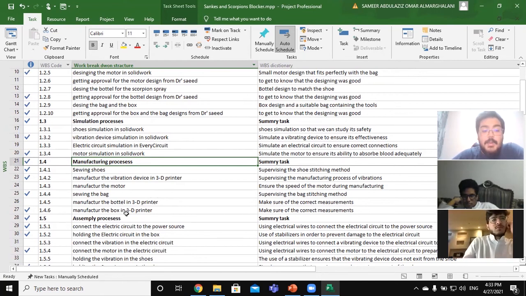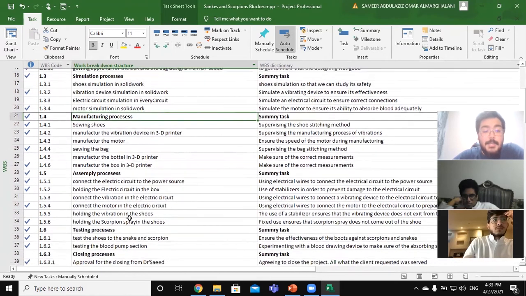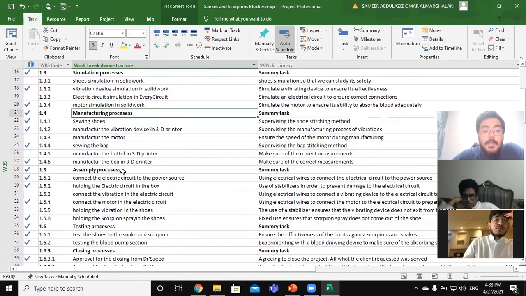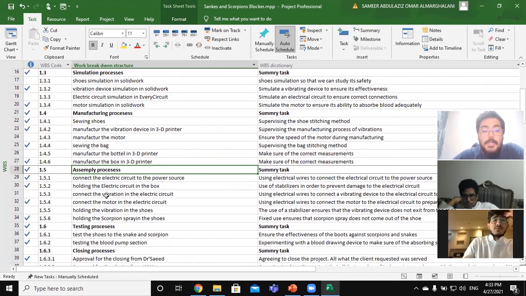Okay, manufacturing the bottle in a 3D printer, and manufacturing the box, also in the 3D printer, which will carry the electric circuit. Then we have the assembly process, which includes connecting the electric circuit to the power source and holding the electric circuit and the box, and these are the rest.